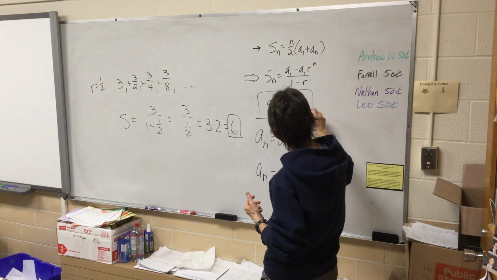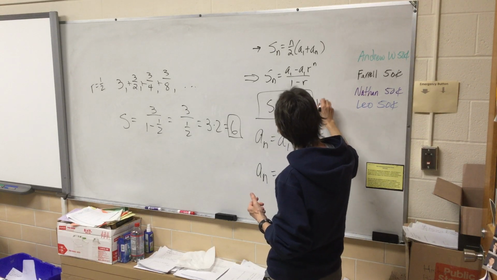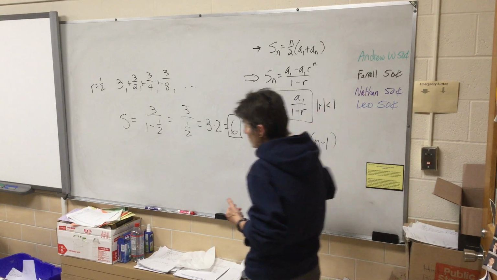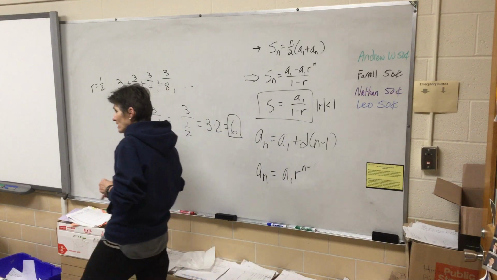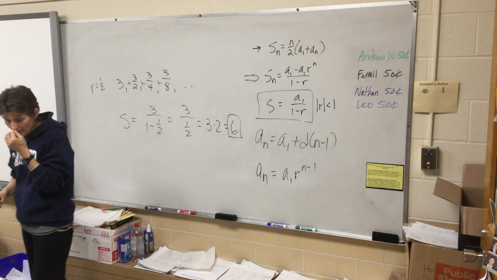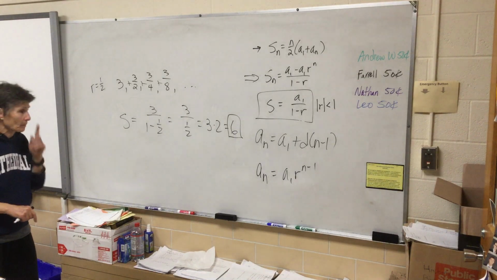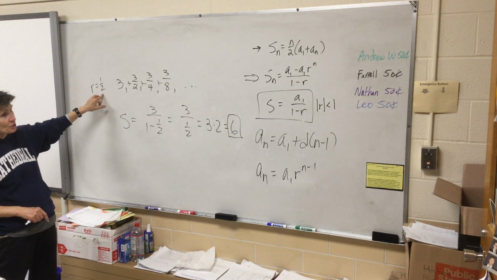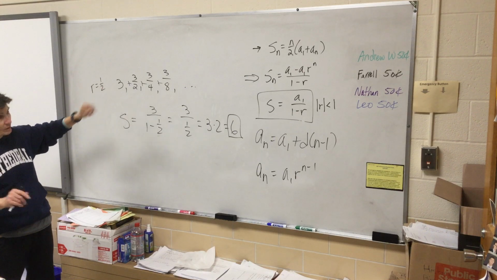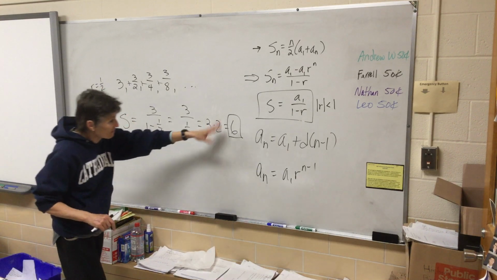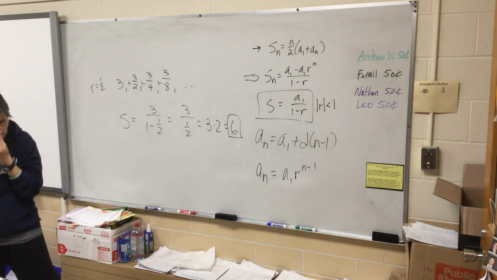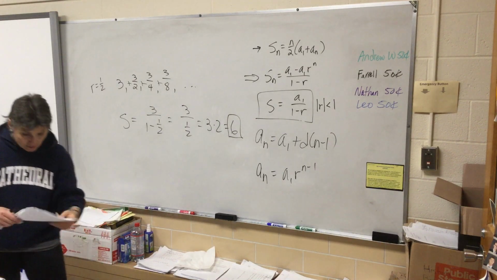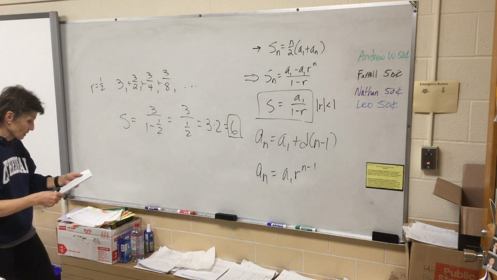So they have to be getting smaller. So we'll add the caveat here that whatever your ratio is, its absolute value must be less than 1. So yours worked out great because your ratio was 1/2. It's summable. We typed everything in. There's our answer. Done. All right, let's look at the next one.